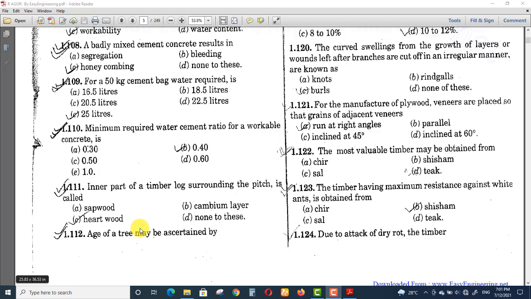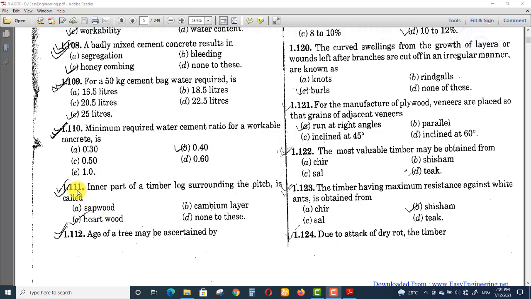So we have discussed the theory and important points related to timber and wood in the last video. Today we are going to go through the multiple choice questions. So let's start with question number 111.